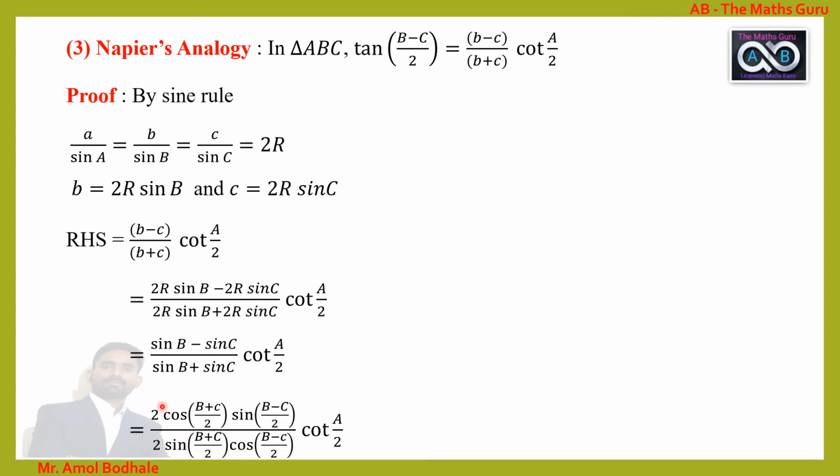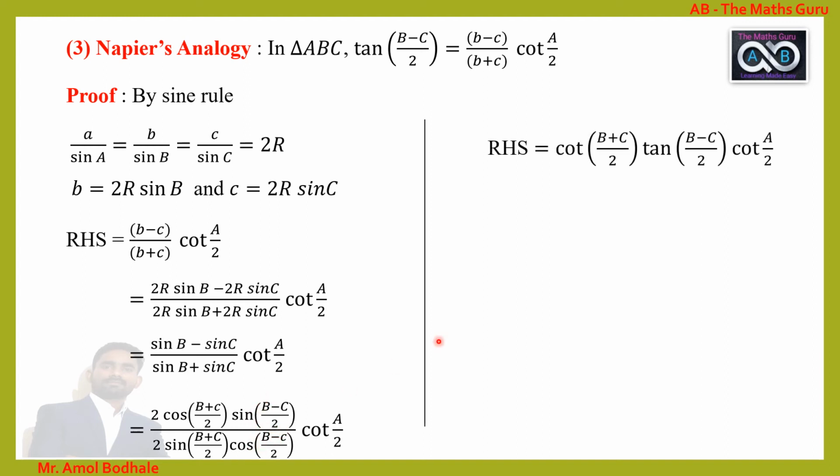Here we can cancel 2. For angle B plus C upon 2, here it is cos upon sin, so we can write it as cot. Similarly, for angle B minus C upon 2, it is sin upon cos, so we can write it as tan.